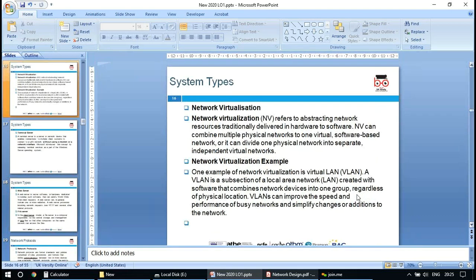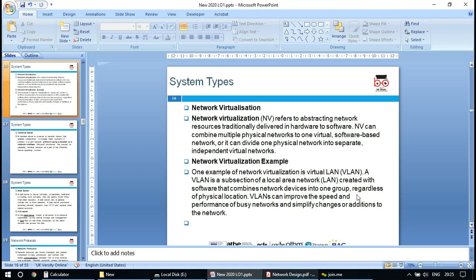Then network virtualization. What happens is sometimes you split the network virtually, and sometimes you join two different networks to show one virtual network. Make sense? For example, if an organization is divided into two buildings nearby, they can virtually make one network.